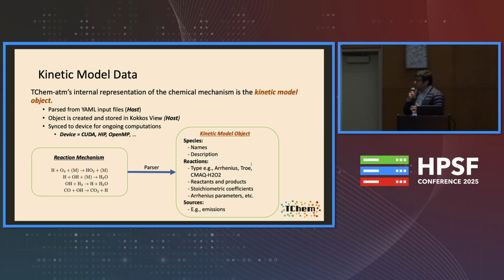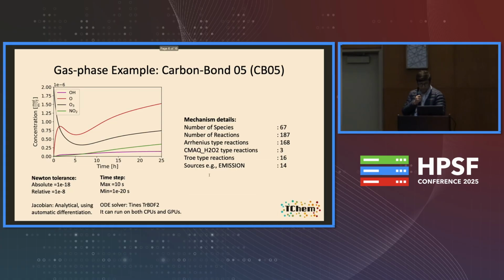One of the key parts in our code is we construct what we call kinetic model data, where we put all the information from these reaction mechanisms in a data object that we can use in our implementation. And then this object contains all the information relevant for the construction of these right-hand sides, such as reaction types, reaction products, kinetics, all of this information that is key.